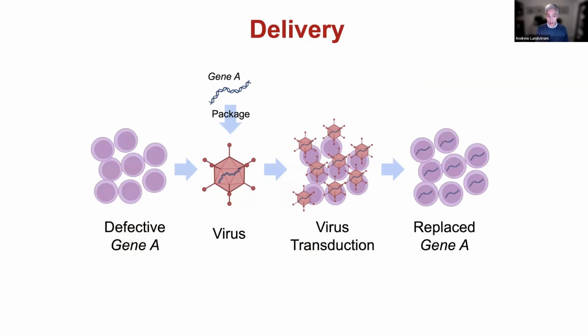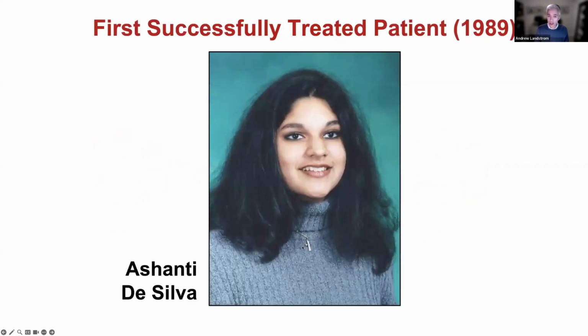And the basic premise is if you have a defective gene A that's not being made, you could load up a virus with that normal gene, infect those cells with that virus, which then will express the normal gene. And this has been sort of the approach for these loss of function mutations for many, many years. And in fact, this was the first gene therapy approach that was tried. So way back in 1989, the first patient was successfully treated with gene therapy.